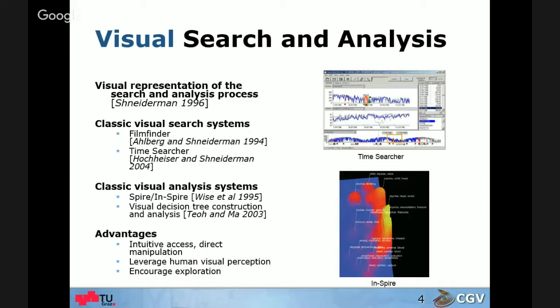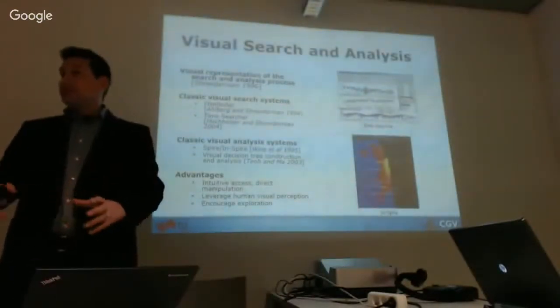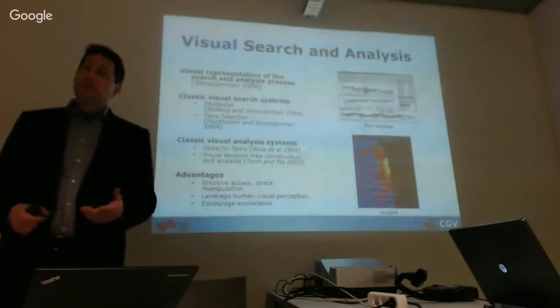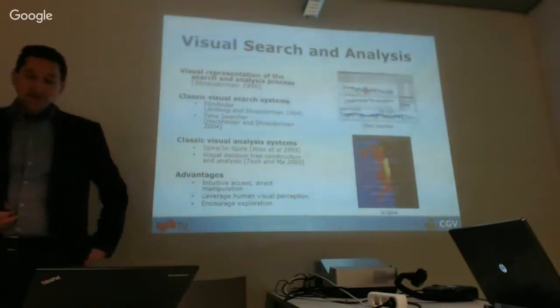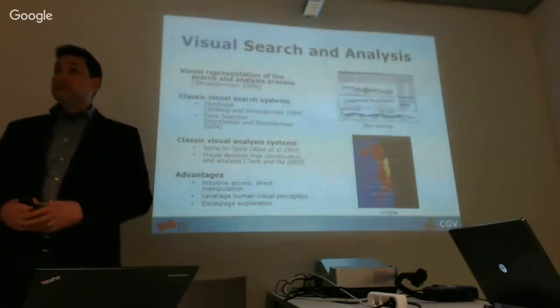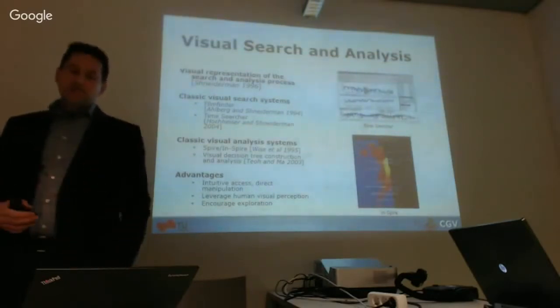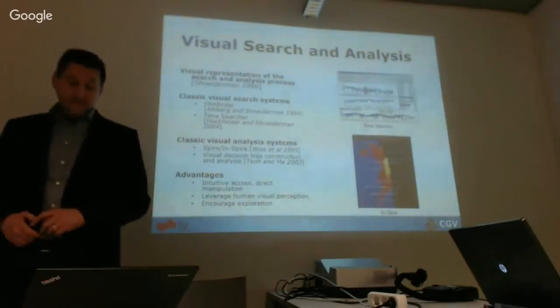We can look back at classic systems such as FilmFinder or TimeSearcher by Ben Shneiderman, where by visual means people were enabled to specify patterns of interest, for example, a subset of a time series, and then search for such visually defined queries. There are also ample examples of analysis tools, such as the classic IN-SPIRE system, which allowed users to group and overview clusters of data in 2D or 2.5D information landscapes, for example, by exploiting clustering and projection techniques.